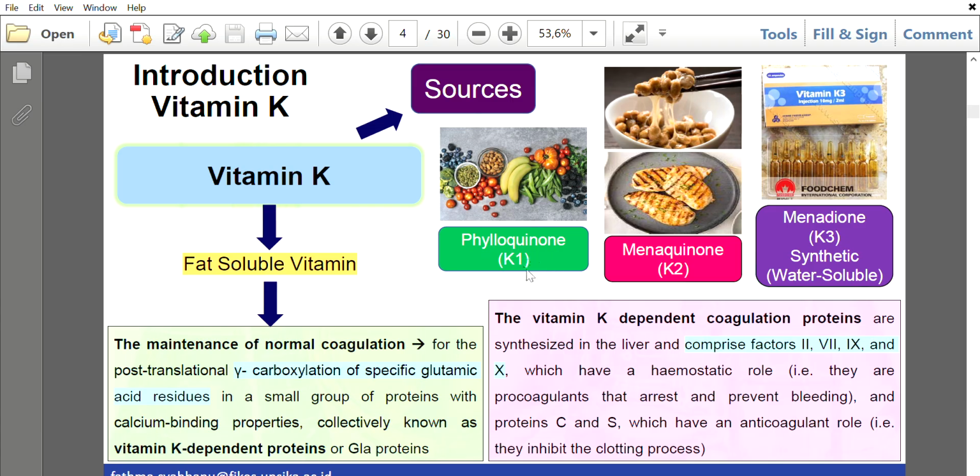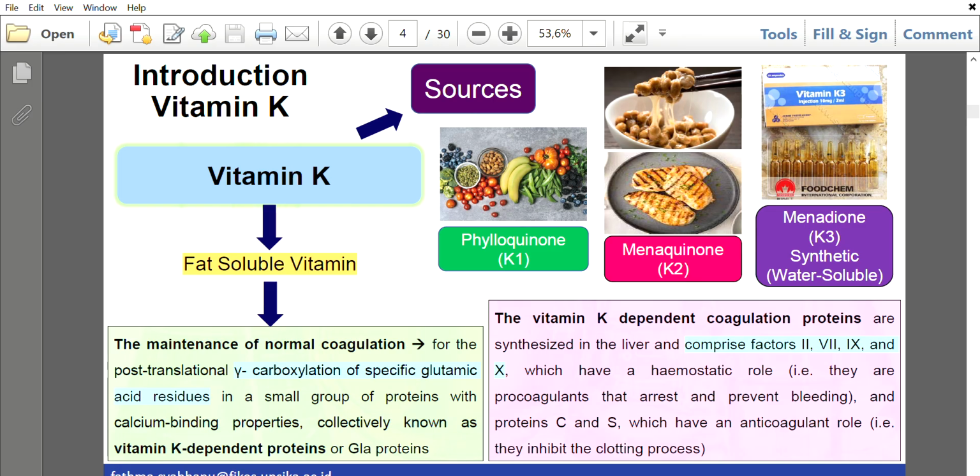Vitamin K1 has another name, phylloquinone. For vitamin K2, we can get menaquinone from natto, a fermented food from Japan, and we can get it from animal-derived products like chicken and beef.